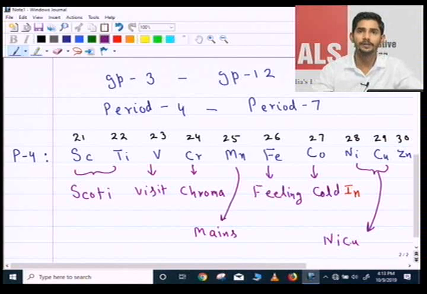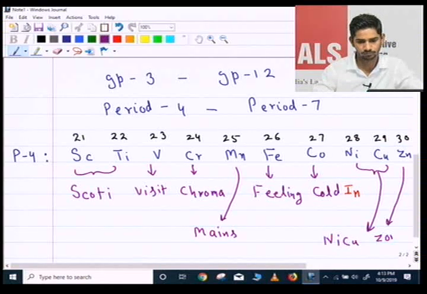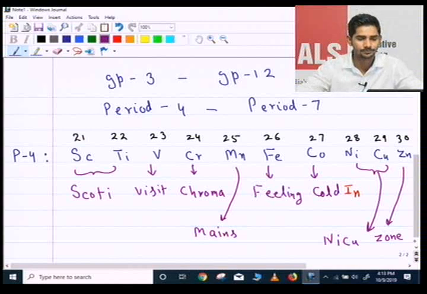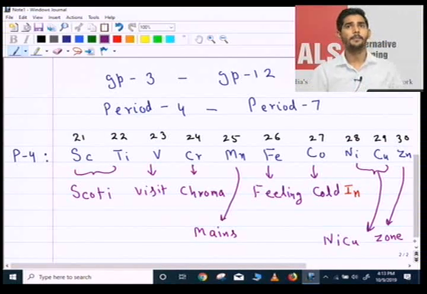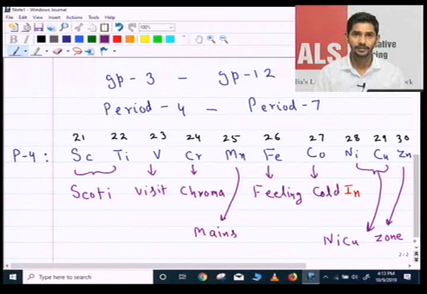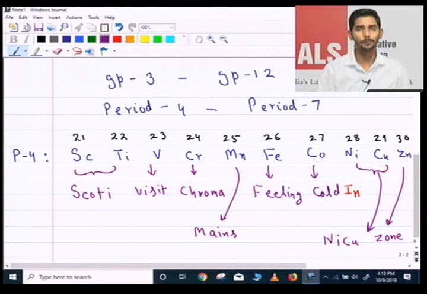Niku is a combination of nickel and copper, zone, which is the zinc. So guys, this is Scotty visit chroma. Chroma means feeling cold in Niku zone. Okay, so you can memorize this one. Or I have told you that you can make your own mnemonics as well. Okay, so please copy this once and just confirm me that you have copied that.